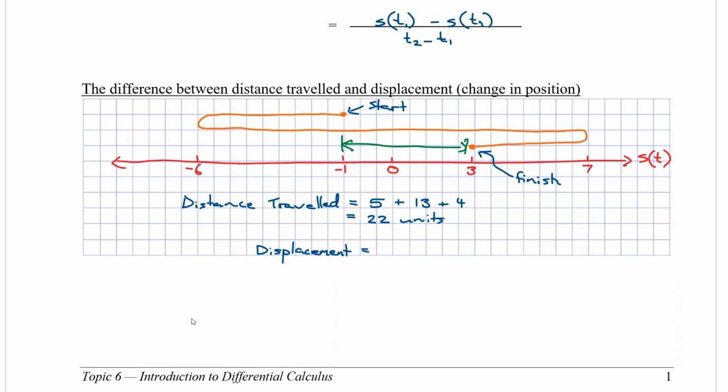Looking at that, we know it's a length of simply 4 units, because we started at -1 and we moved forward to 3. So the difference between distance traveled and displacement is that distance traveled is the length of the entire trip, whereas displacement is simply the distance from your starting and finishing point.